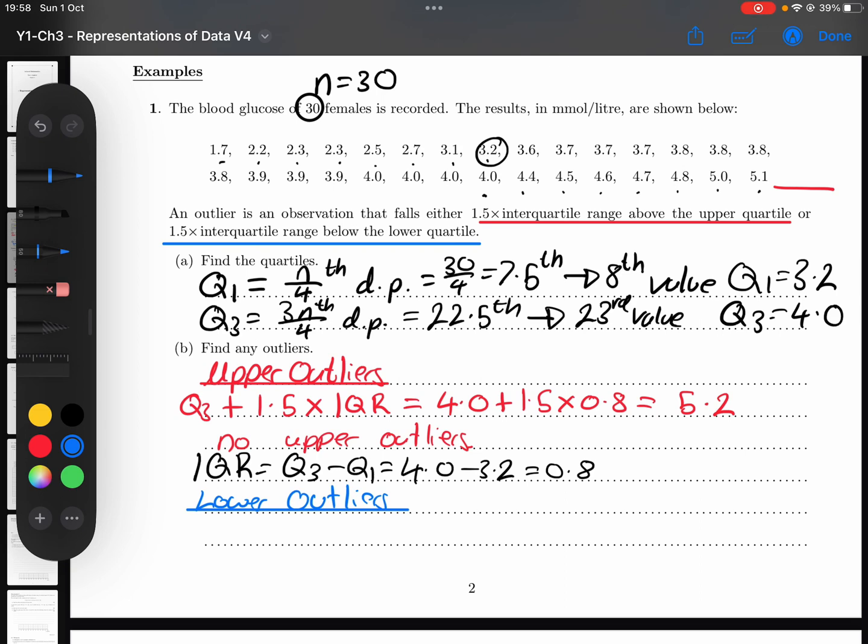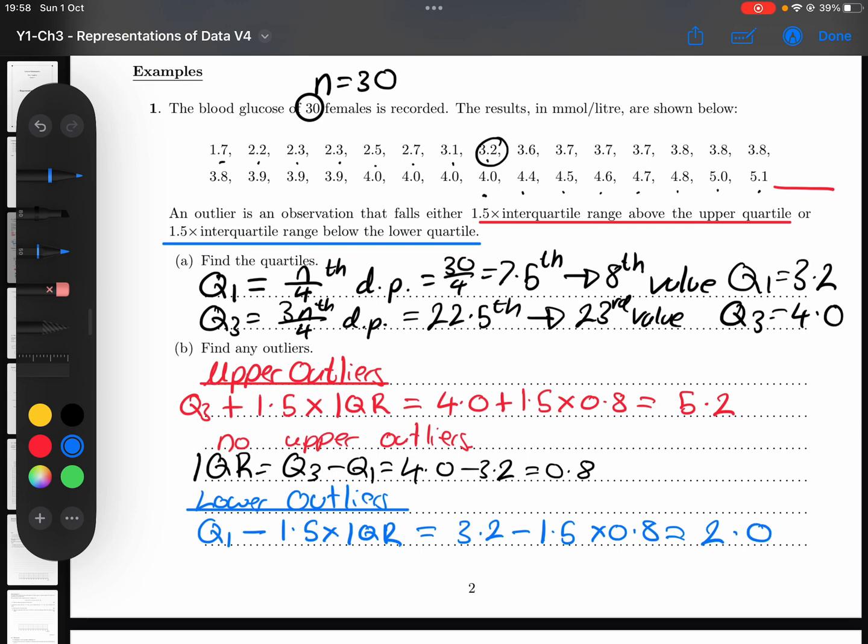So that would be Q1 minus 1.5 times the interquartile range, which in this case would be 3.2 minus 1.5 times 0.8. And again, doing the arithmetic gives us a cutoff of 2.0.